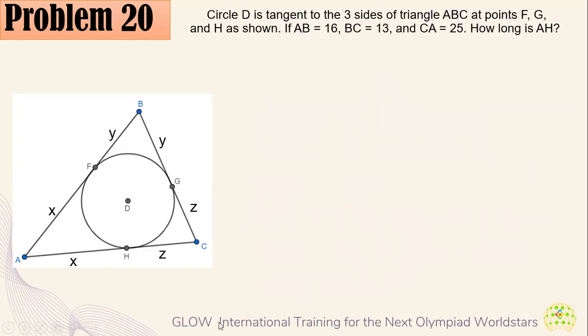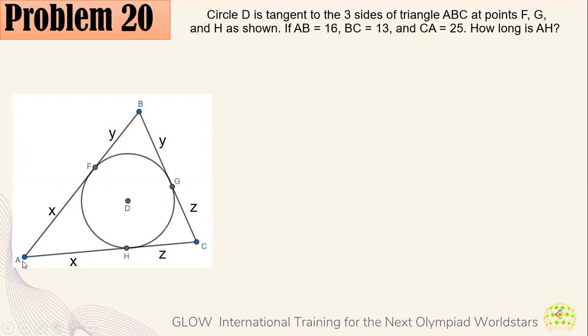Now, from here, remember this. It is in fact a theorem. For example, if you consider point A, these are all tangents. AF is a tangent, AH is a tangent, CH, CG, BG, and BF are all tangents to the circle. And we have to remember a certain theorem that states, from a certain external point, there are two tangents that could be associated with a certain circle.